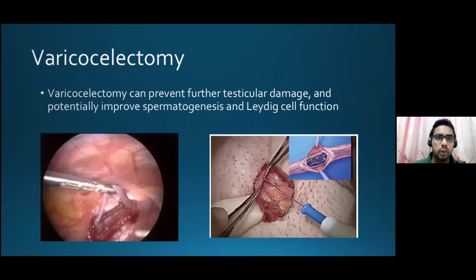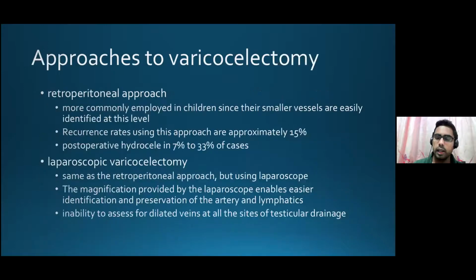Then about the techniques of varicocelectomy. The varicocelectomy can prevent further testicular damage, and also it can potentially improve spermatogenesis and Leydig cell functions. So there are several options and approaches that we can follow when doing a varicocelectomy.